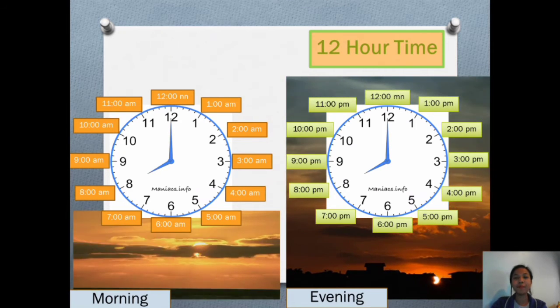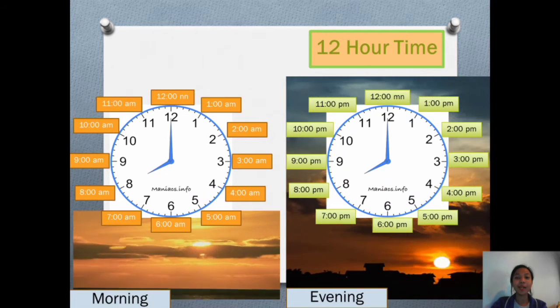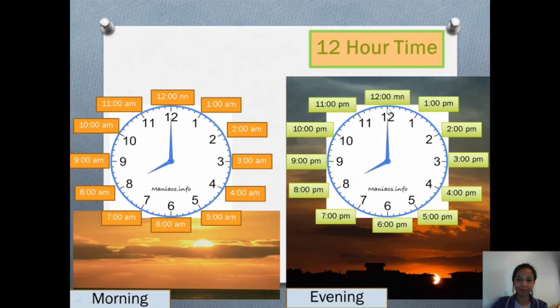So 12 midnight. MN stands for midnight. So it's 12 midnight already.